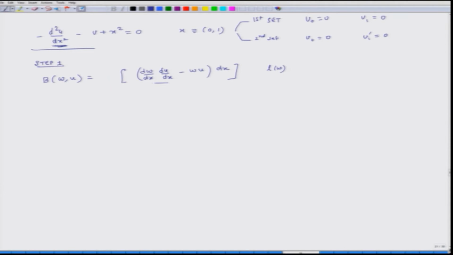And the linear functional associated with this differential equation is L of W, and that equals minus integral from 0 to 1 of W x square dx plus some boundary terms.